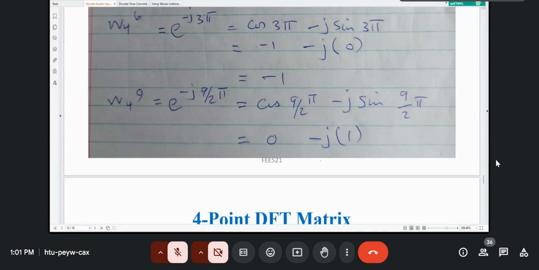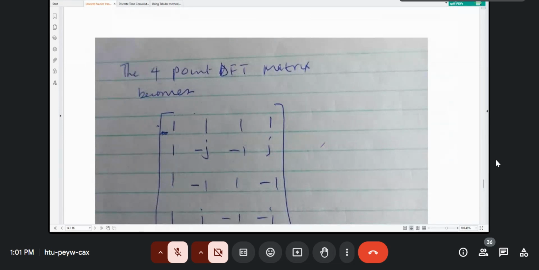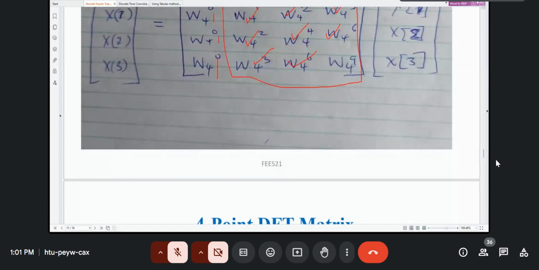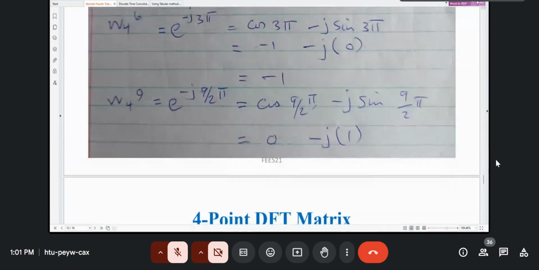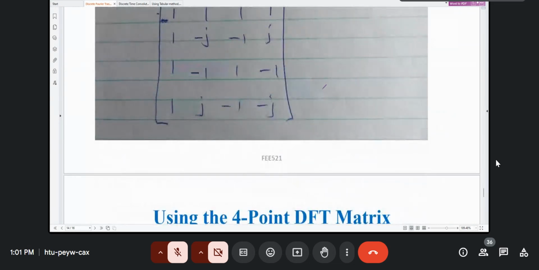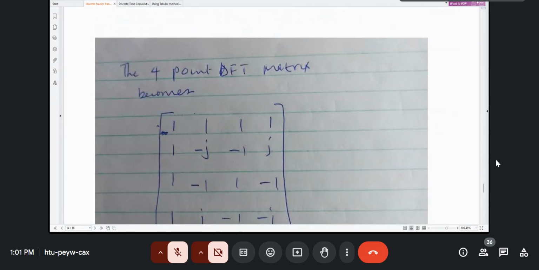And W4 of 9 is minus j, sorry. It's minus j because it's minus j times 1. That's what you have there. That's why you have 1, 1, 1, 1, 1, 1. And the ones we have just worked out are these, which is minus j.